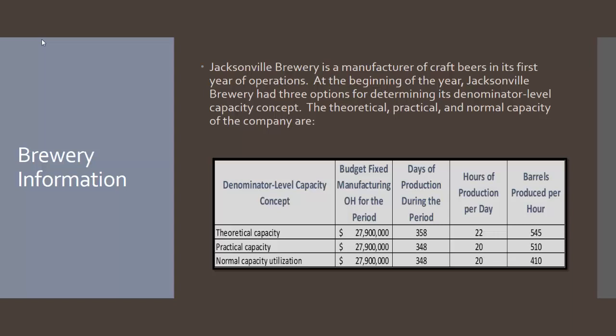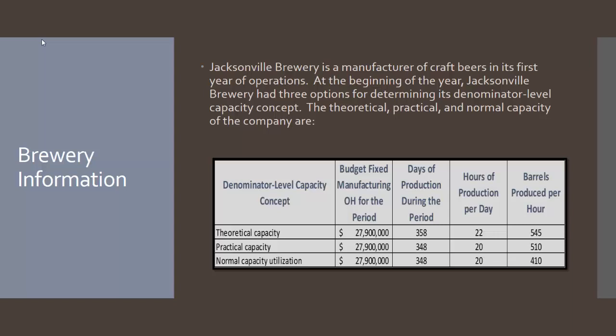They also think they can only operate 20 hours a day, namely they're probably going to have to stop to set up machines, etc. And that they can only produce 510 barrels per hour at a safe level without someone injuring themselves. So that's the numbers they're going to use for practical capacity.